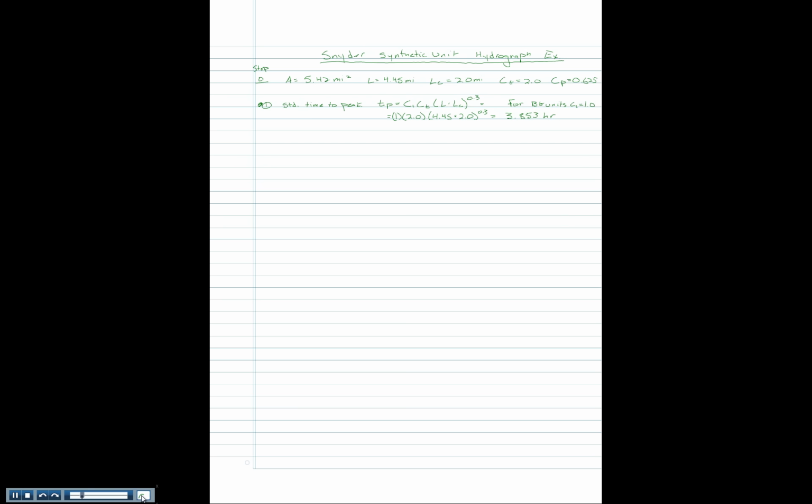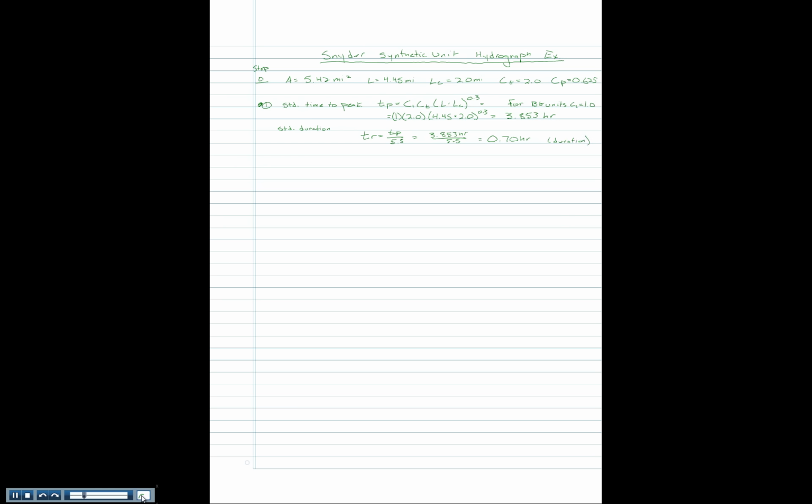And that represents the standard time to peak. The standard duration, formula for that is T sub R is TP divided by 5.5, 3.853 hours divided by 5.5, so 0.70 hours is the duration. This is the standard duration and the standard time to peak.